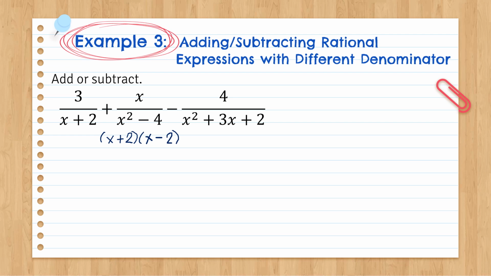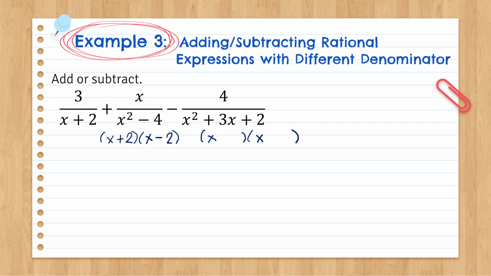For our third denominator, we have x squared plus 3x plus 2. Since this is a trinomial, this is also a product of two binomials. First, we get the square root of x squared so that we can distribute it to the two factors.